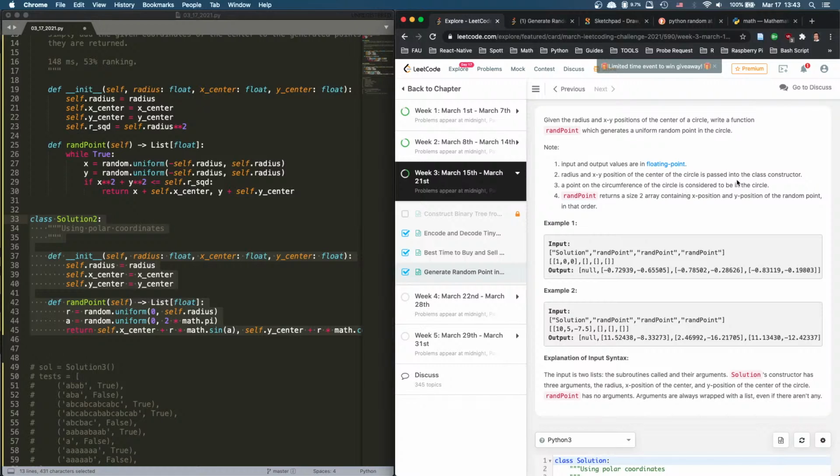So we pick a random angle, that's fine. And after we pick a random angle, we pick a random radius. And that is not correct. That is interesting, to say the least.